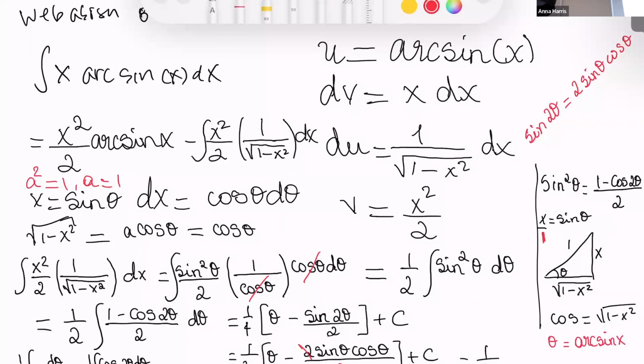Because x is equal to sine theta, so if you're looking for theta, you need to invert. Just replace all the thetas. So this theta is just arcsine x. Minus, sine theta is x, and cosine theta is this. So x times this.